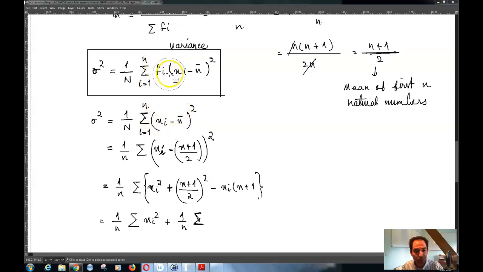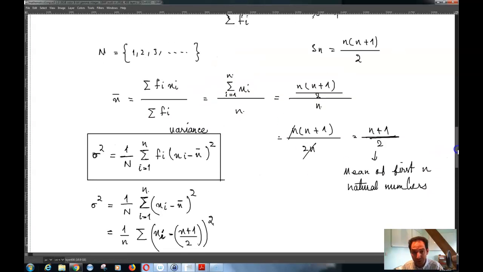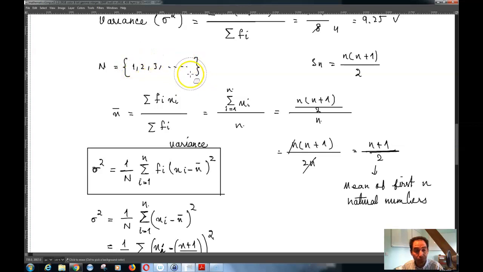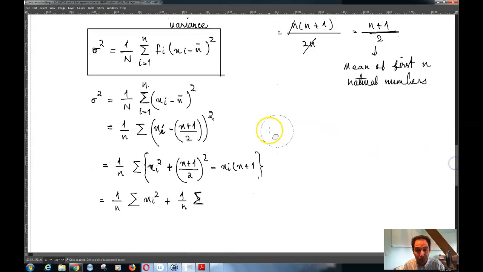And we said that f of i was equal to 1 in the case of this data, because the data doesn't repeat itself, so f of i is in all cases equal to 1, so you can simply write it as sigma of x of i minus x bar, and then you can write it as 1 over n times sigma of (x of i minus (n plus 1) divided by 2) whole squared.